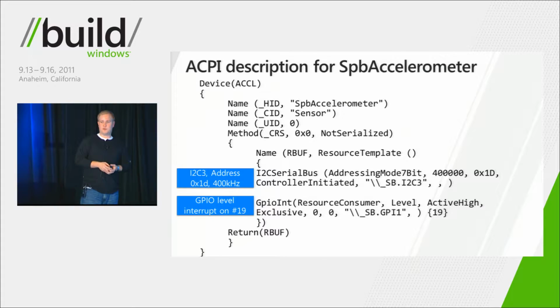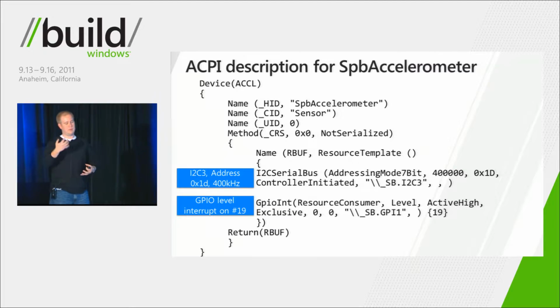And then we have our 2 resources. In this case, if you're writing a peripheral driver, you're going to tell people, hey, my part needs an I2C connection and an interrupt. Based on the data sheet and the part information that you provide to manufacturers, they will put this in depending on how they wired it. A lot of I2C and SPI parts allow a variety of settings, maybe multiple addresses for flexibility, maybe multiple speeds.